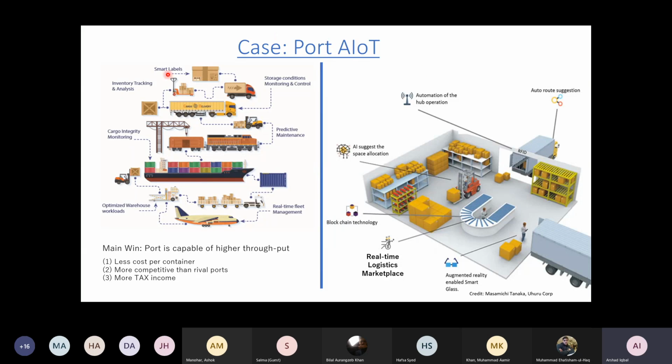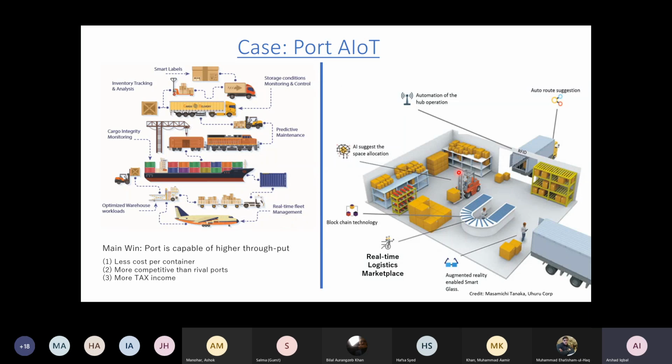On the left there is a network shown related to the port industry, with smart labels for storage condition monitoring and control, inventory tracking and analysis, predictive maintenance, cargo integrity monitoring, optimized warehouse workloads, and real-time fleet management. The main win is that the port is capable of higher throughput, less cost per container, more competitiveness than rival ports, and more tax income.